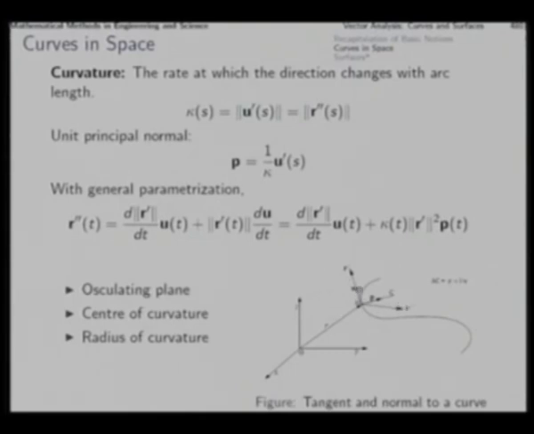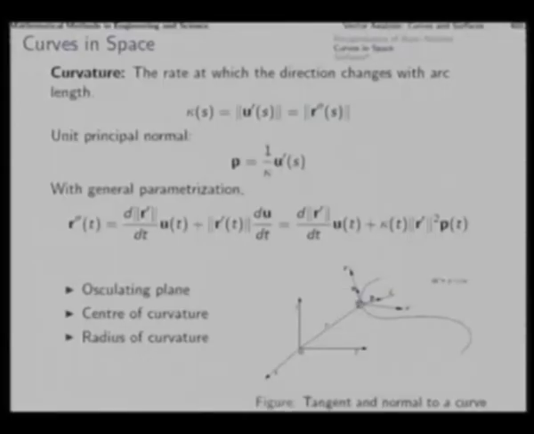Out of that, when you subtract away the tangential component, then what is left is in this direction. Okay. And the unit vector along that direction is shown as p of t. Okay. And whatever is kappa, that is the curvature, if you take 1 by kappa, then you get a length, and in this direction if you mark out that length, then you get a point denoted by c here in this figure, and that is called the center of curvature.